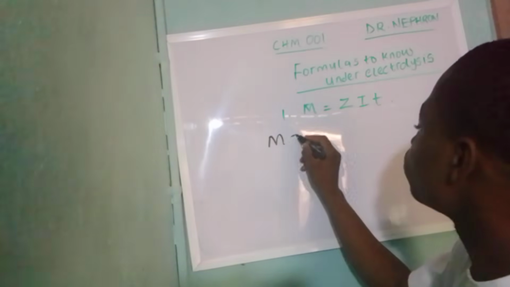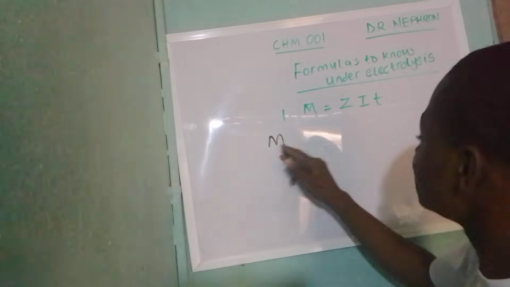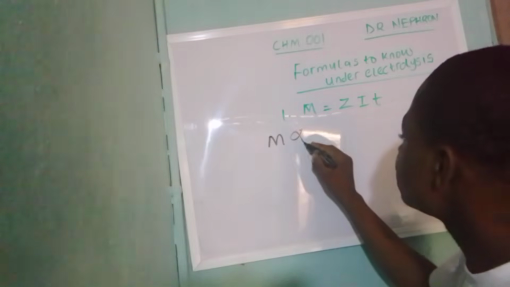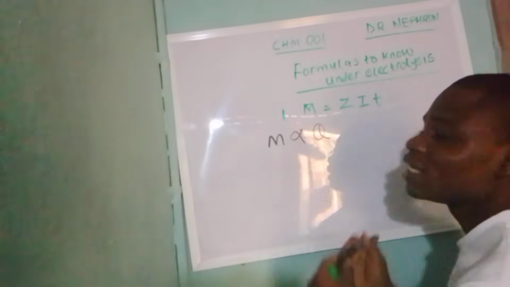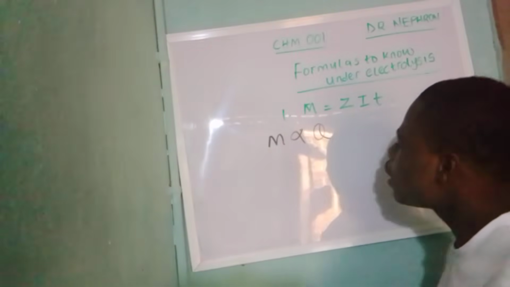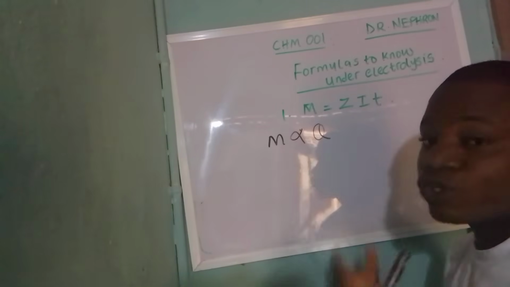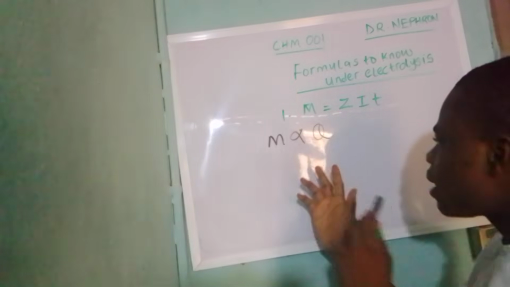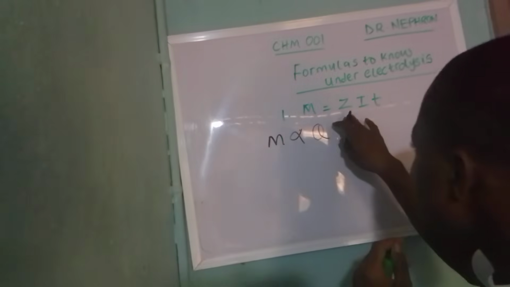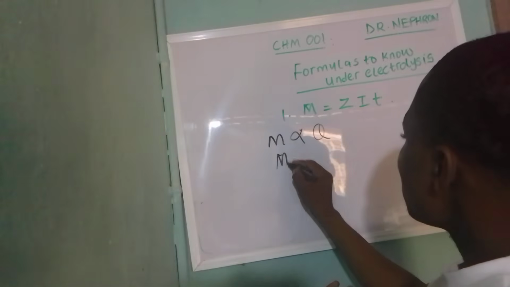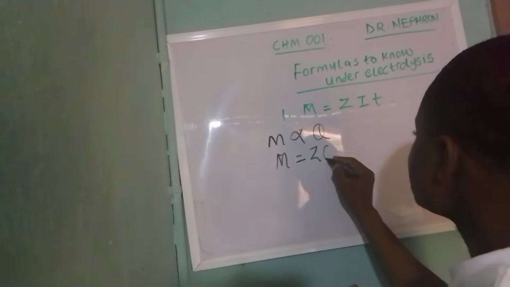Don't forget that anytime you remove the sign of proportionality, we usually introduce a constant. This time the constant we are introducing is Z. So if I remove the sign, I have M equal to ZQ.